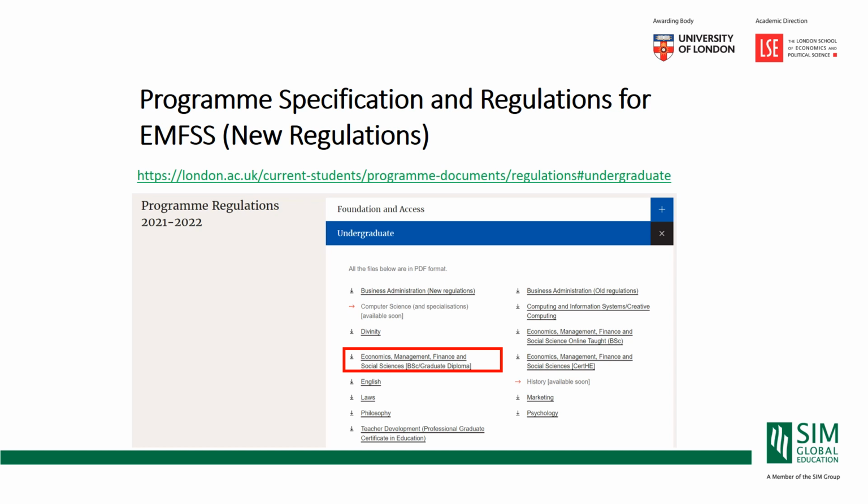Regulations are important. Why? Because like any institution, regulation tells you what you can do, what you cannot do. Okay, it tells you the requirement for you to graduate, and to graduate with certain class of honors, such as first class honors.